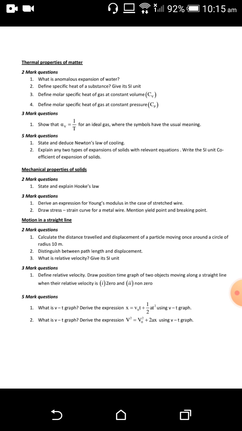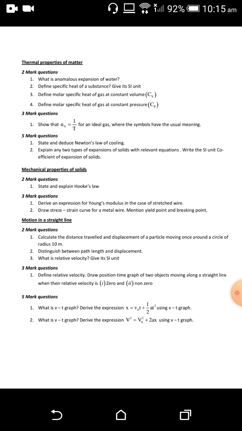For that you can just go through the notes regarding the anomalous expansion of water. For 2 marks, no need of explaining how the aquatic life survives in the winter. Only if it is asked for 3 marks, you need to explain what is anomalous expansion and how the aquatic life survives even through the severe winter.